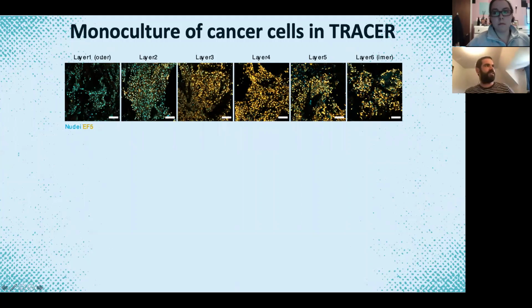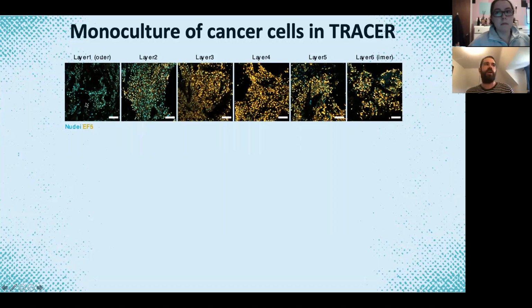Here what you see is an immunostaining, with antibody that reveals cells that are hypoxic. The more yellow-orange it is, the more hypoxic the cells, so the less oxygen they're exposed to. If you look at layer 1, the layer on the outside, close to the media or basically the blood vessel, you see that there is only blue. Blue is the nuclei, just to show where the cells are.